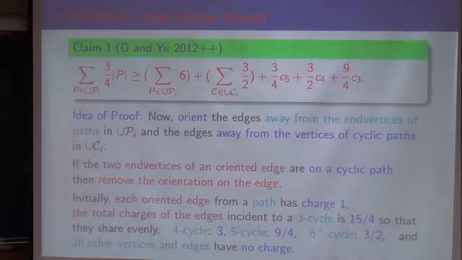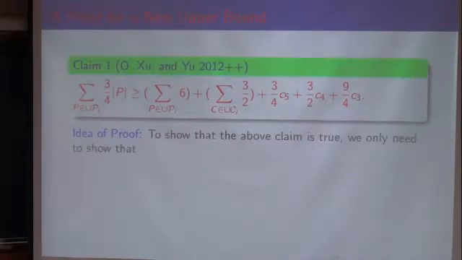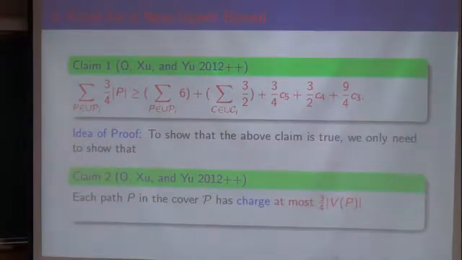Okay. So we need to have a good distribution of the charges to the vertices of non-cyclic paths, so that every non-cyclic path has charge at most 3/4 of the number of vertices of the path. Okay, then this is true.